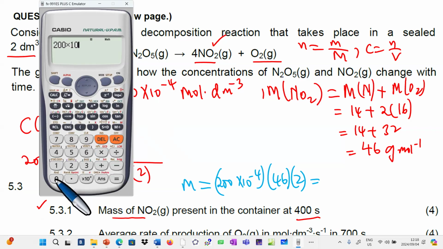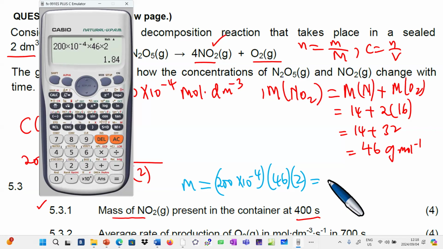200 times 10 to the minus 4, and then you multiply that by 46, and you multiply that by 2. And you have, very well done there, 1.84. That is the mass.